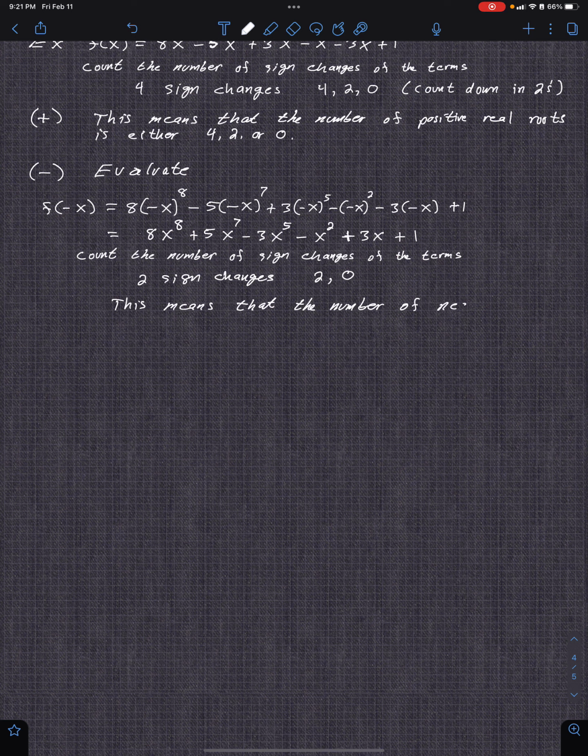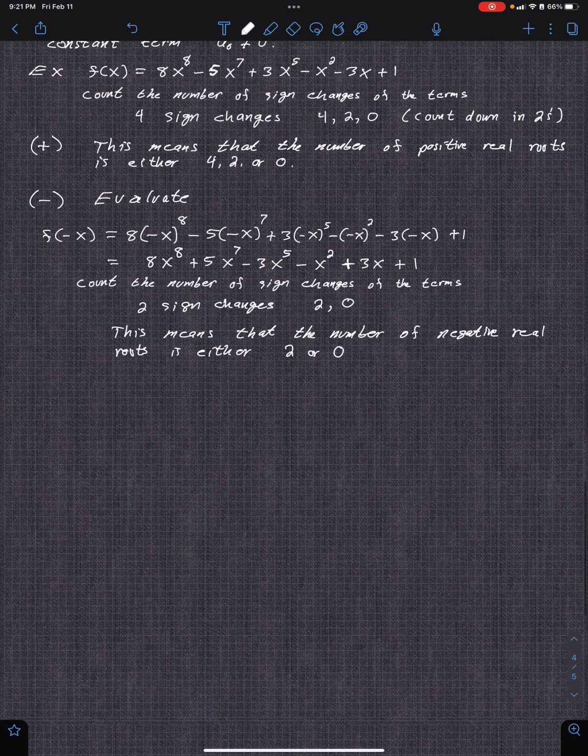This tells us a lot about this polynomial and how the roots are made up.